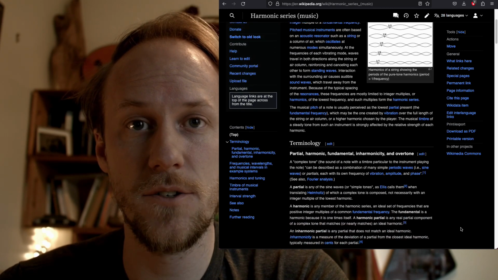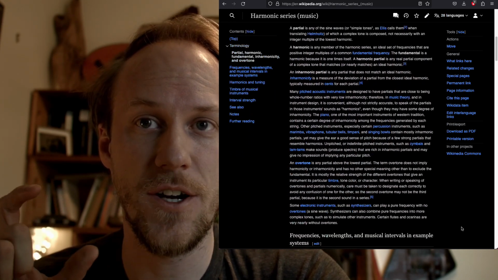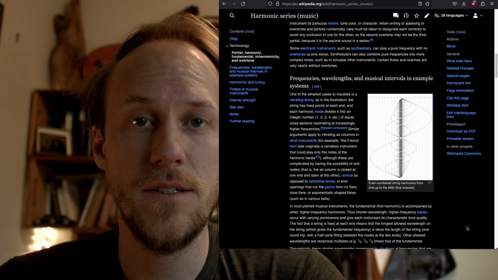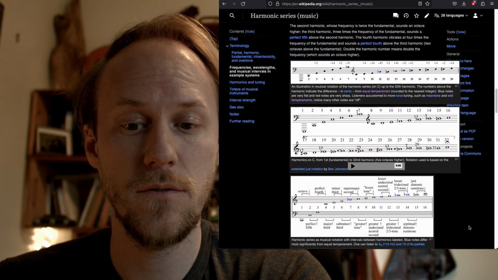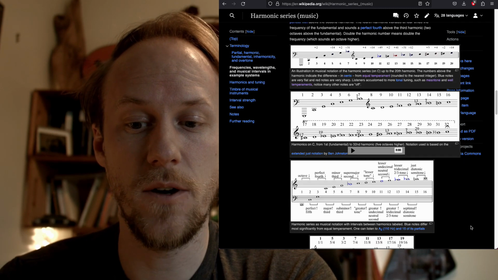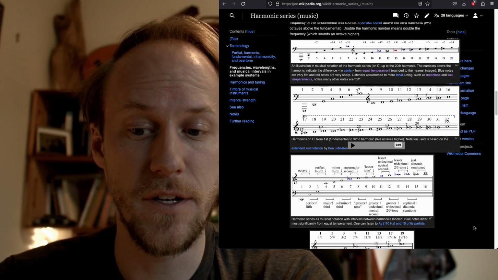The harmonic series is a bunch of intervals of diminishing length. The first interval is the octave. The second one, slightly smaller, is the fifth.